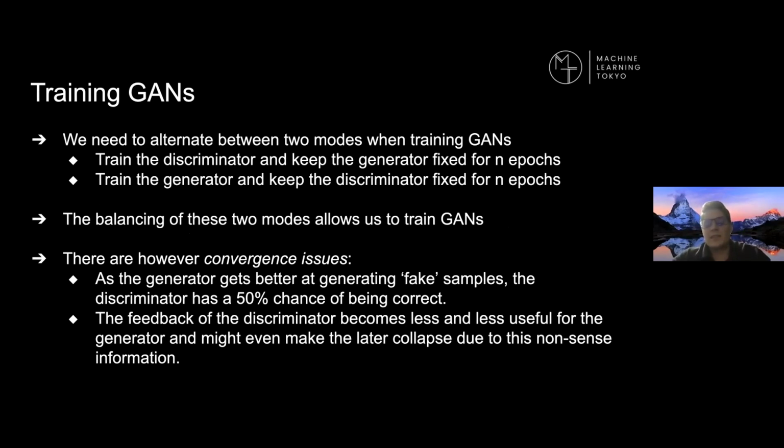And because this information is not useful or might even be junk information, the generator might be trained on data which is useless and then later collapse due to this nonsense information. So GANs really suffer from these convergence issues.